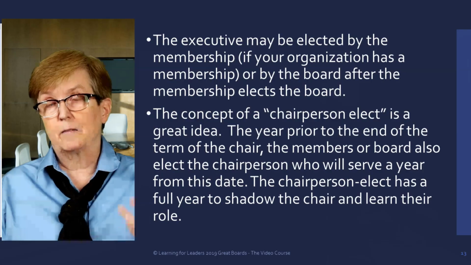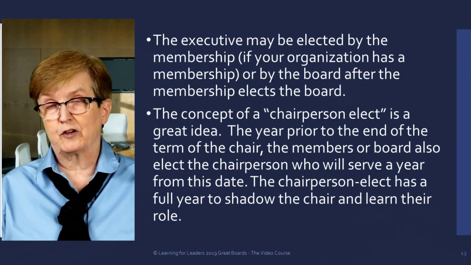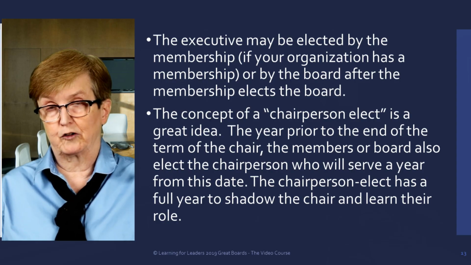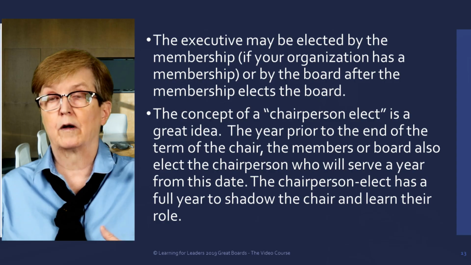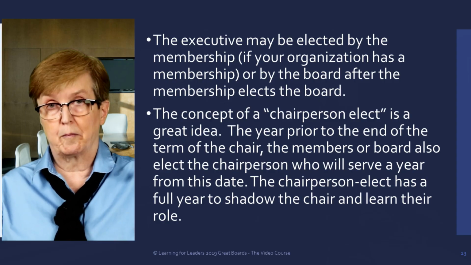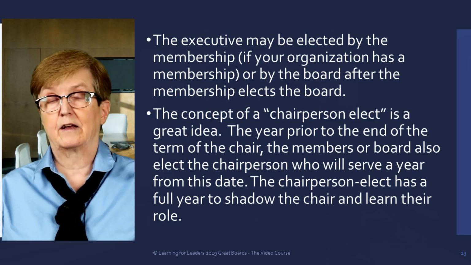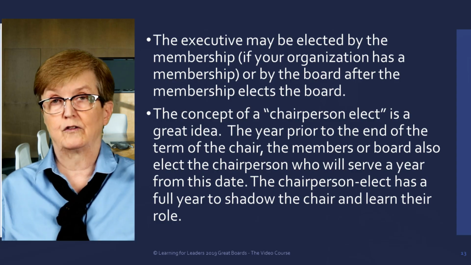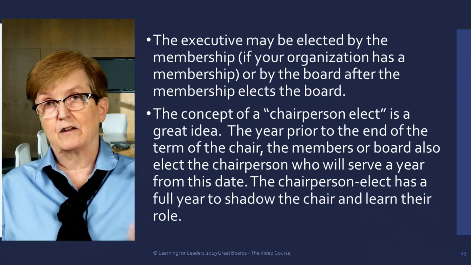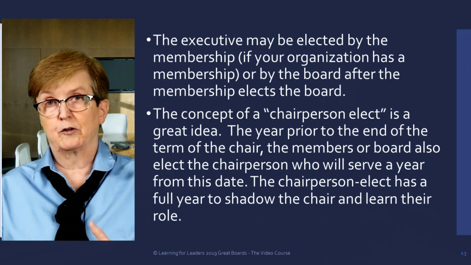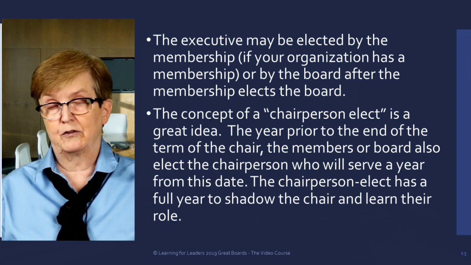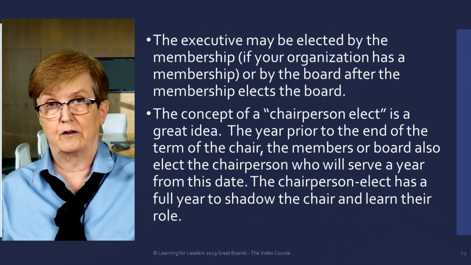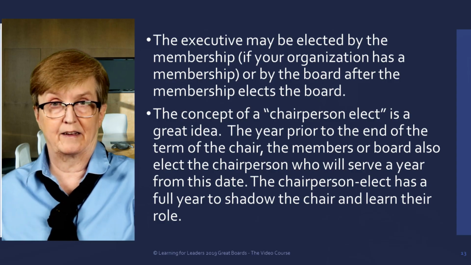The executive can be elected in one of 2 ways. The first is by the membership at the annual meeting, if you have a membership. You put forward a slate of directors and the executive, and the membership votes on the board and on the executive of the board. That could be 2 different motions if you prefer. The other choice is that the membership elects the board as a whole, then the board goes into an in-camera session following the annual general meeting and elects the executive.